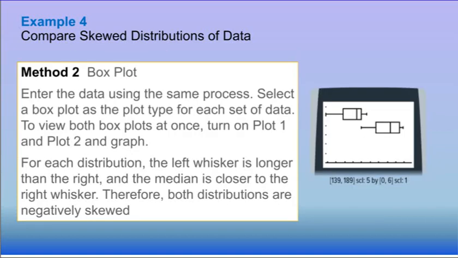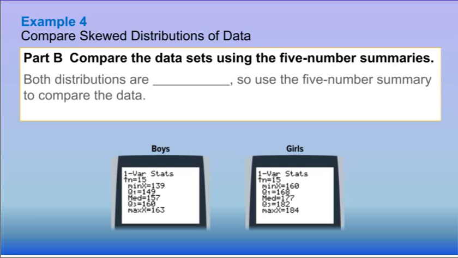As you're doing the box plots, there you can see your box plots, and we can also describe those with the 5-number summary. Both distributions are skewed. So you'd use the 5-number summary to compare, and here's your 5-number summary.